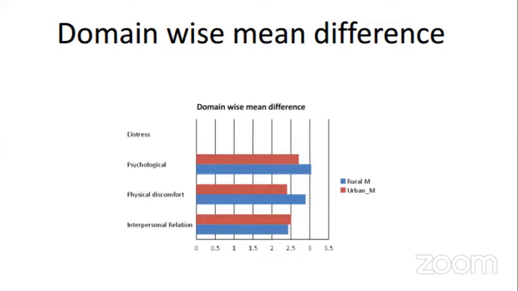We collected the data, organized some focus groups, and we got a lot of information. Based upon that, the items were prepared, whatever items were prepared by the observation as well as by the focus group discussion.